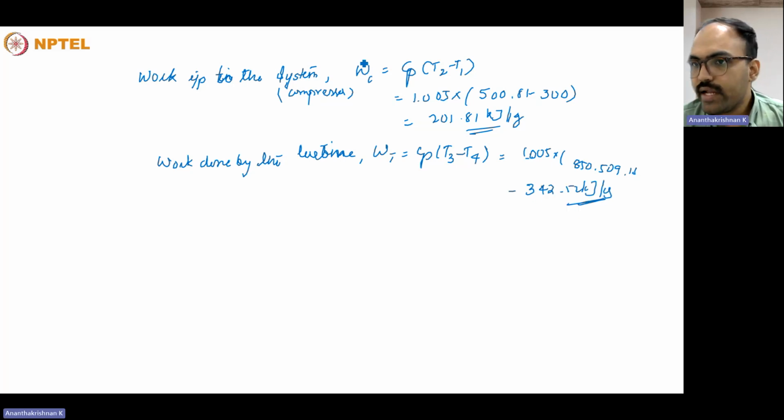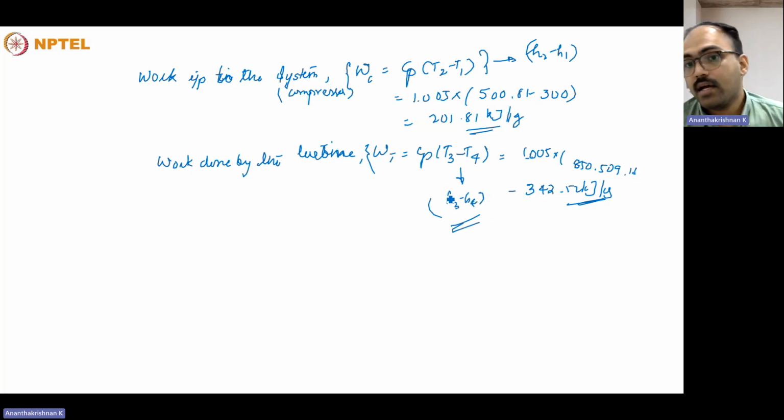The reason why we could write these in terms of Cp into delta T is because this is basically the change in enthalpy, H2 minus H1, and this is equal to H3 minus H4 in the turbine. The work done or work input to an open system could be written in terms of the enthalpy.